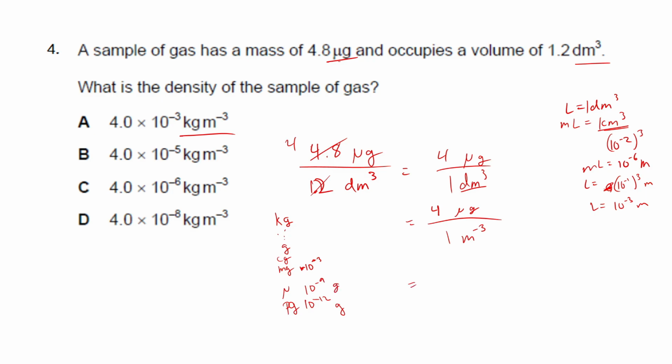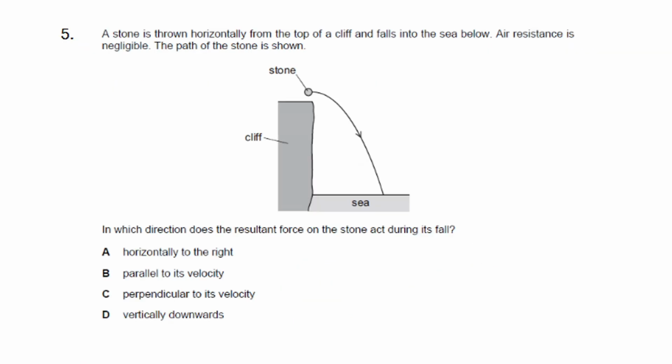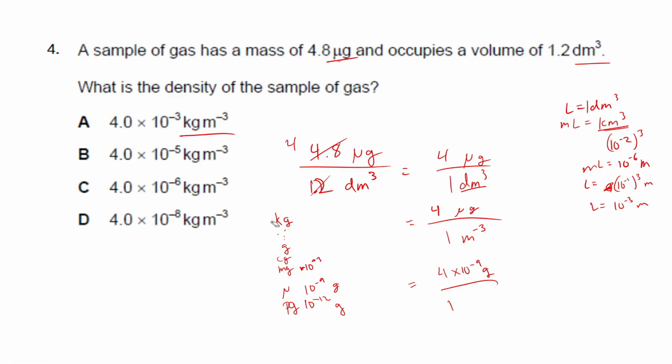So if I use this fact, it's like 4 times 10 to the negative 10 grams over 1 minus... Oh wait. No, I was right before.